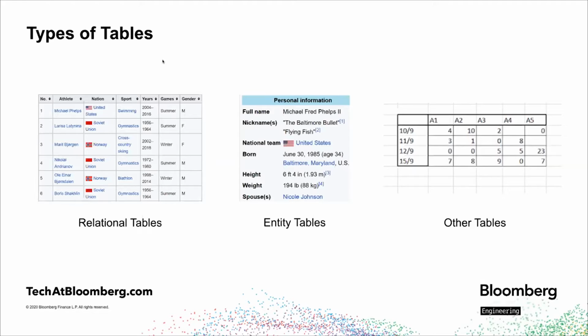All these tables have very useful content. However, sometimes tables are used only for their structure, for navigation on a website, or as a skeleton for structured content. So in this work, again, we only focus on relational tables.